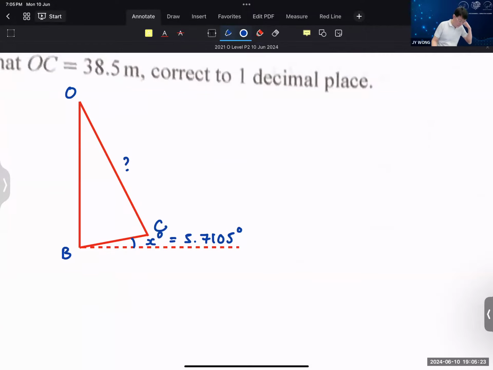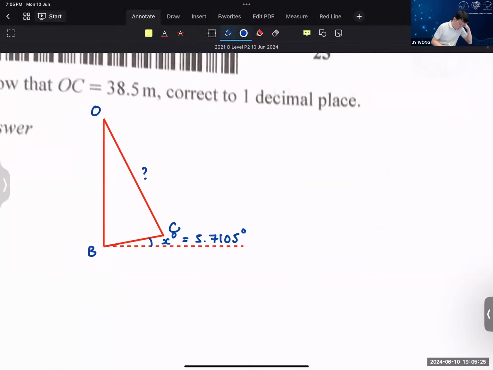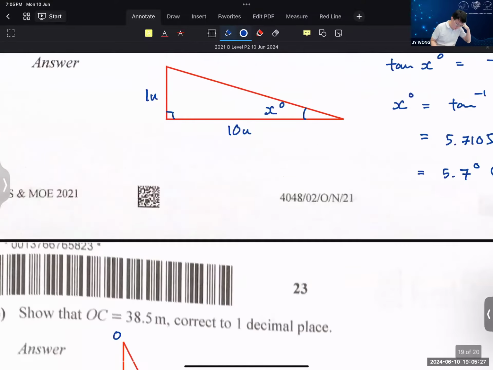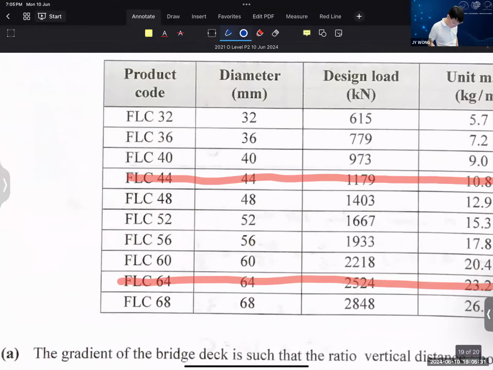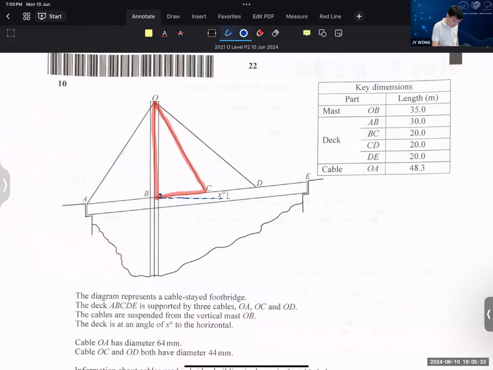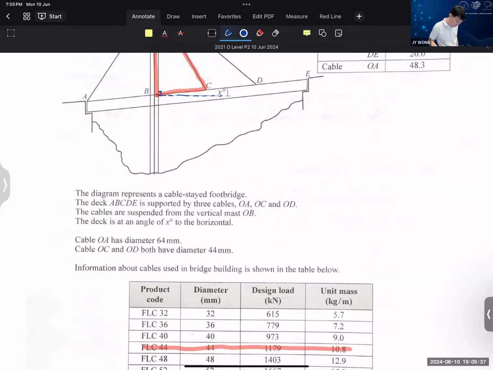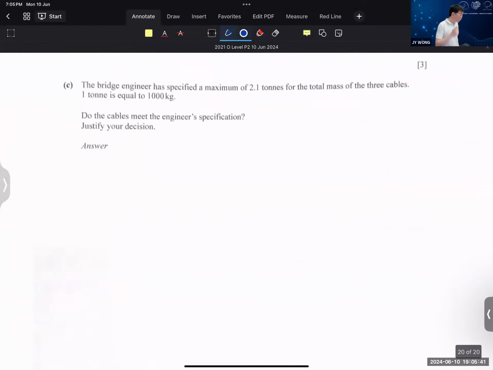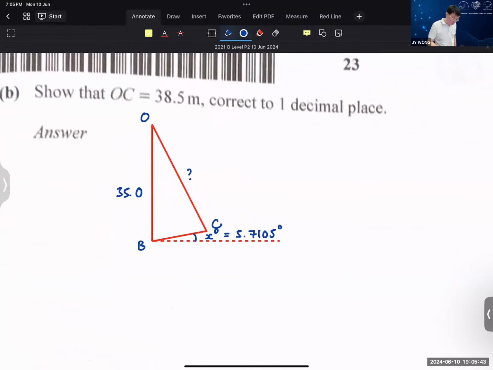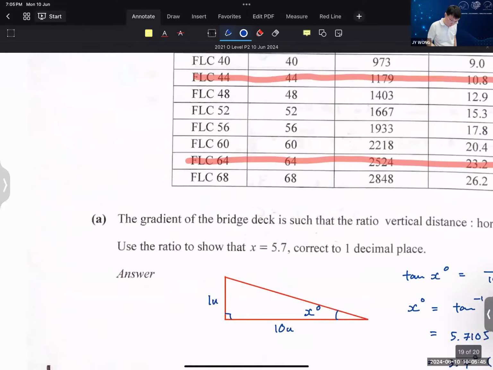Okay. So do you have the distance OB? You have the length of the mast OB. So they tell you OB is 35.0. So label it. What else do they give you?